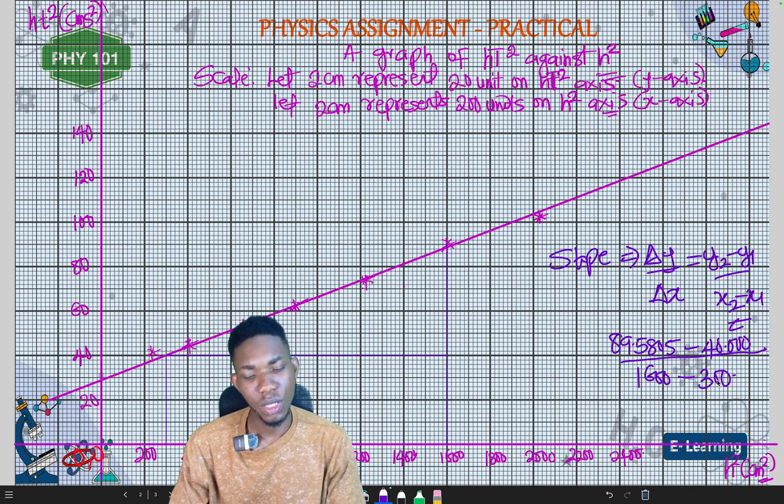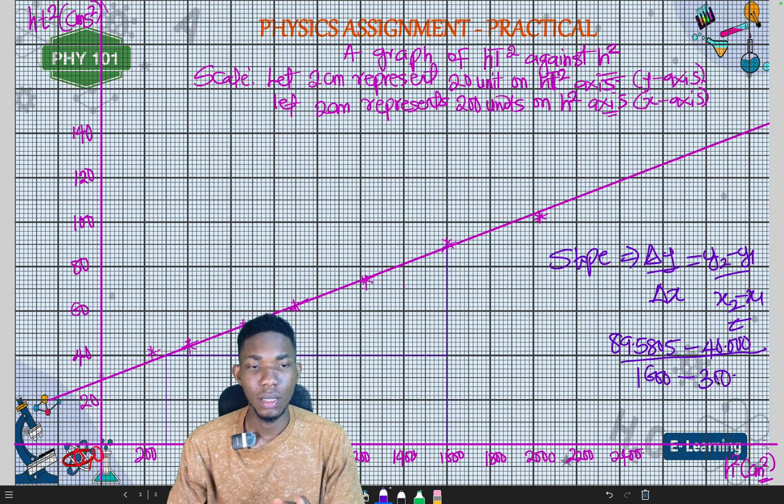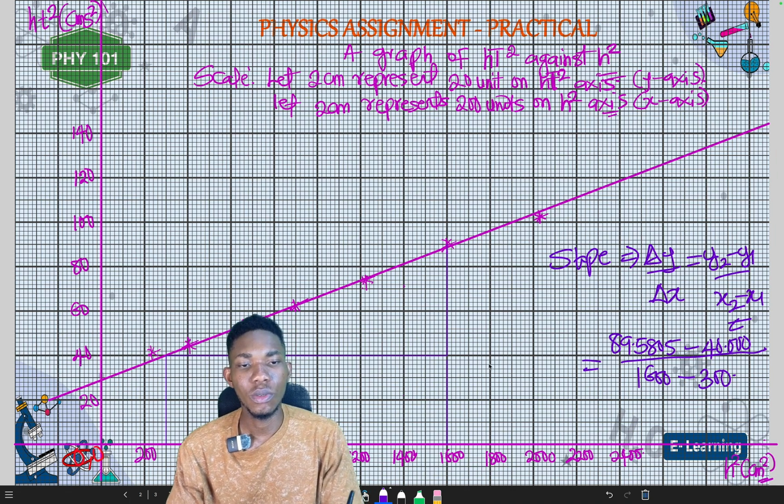Your value is supposed to give you 0.04 something, if I can still remember, 0.01 something. So that will give us 89.5805 minus 40, which is equal to 49.5805, divided by 1,600 minus 300, which is 1,300.